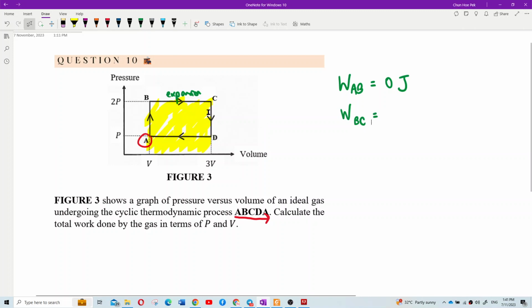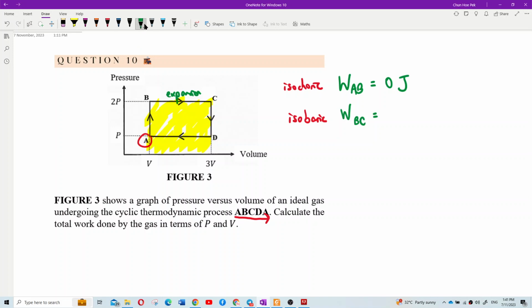This is isobaric kan? Betul tak? Tadi AB ialah isochoric, isovolumetric, isochoric. Ini isobaric. Isobaric nak cari dia punya work done ialah rectangle saja. That means pressure multiply change of volume. So how? What's the formula, class?